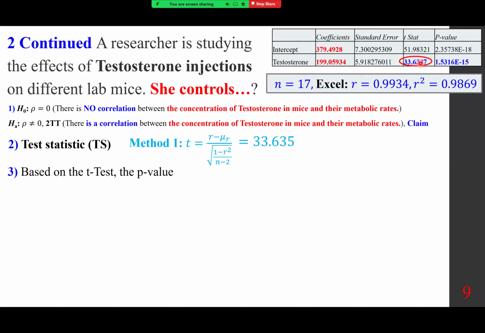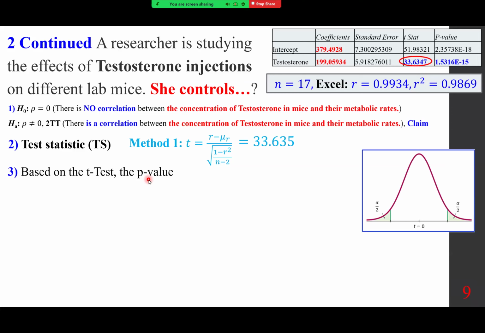Based on the t-test, we are not going to go with the critical value, rather with the p-value, because the p-value is given. It's a two-tailed test where the test statistic is here, and the p-value is 1.5316 times 10 to the power minus 15, which means you see this decimal?